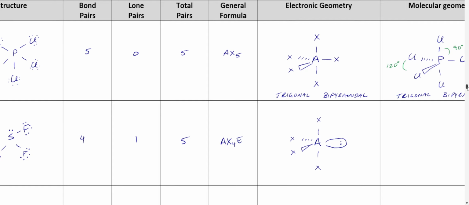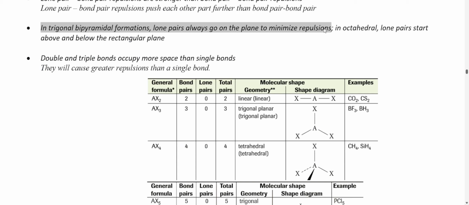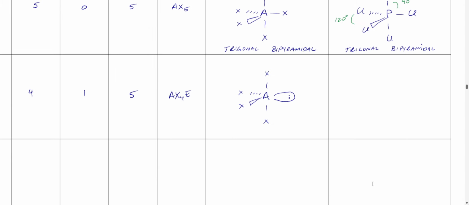I'll show you where that is on the first page. I've highlighted it for you right here. It says in trigonal bipyramidal formations, lone pairs always go on the plane to minimize repulsion. So I'm just going to write right here, this is still trigonal bipyramidal.